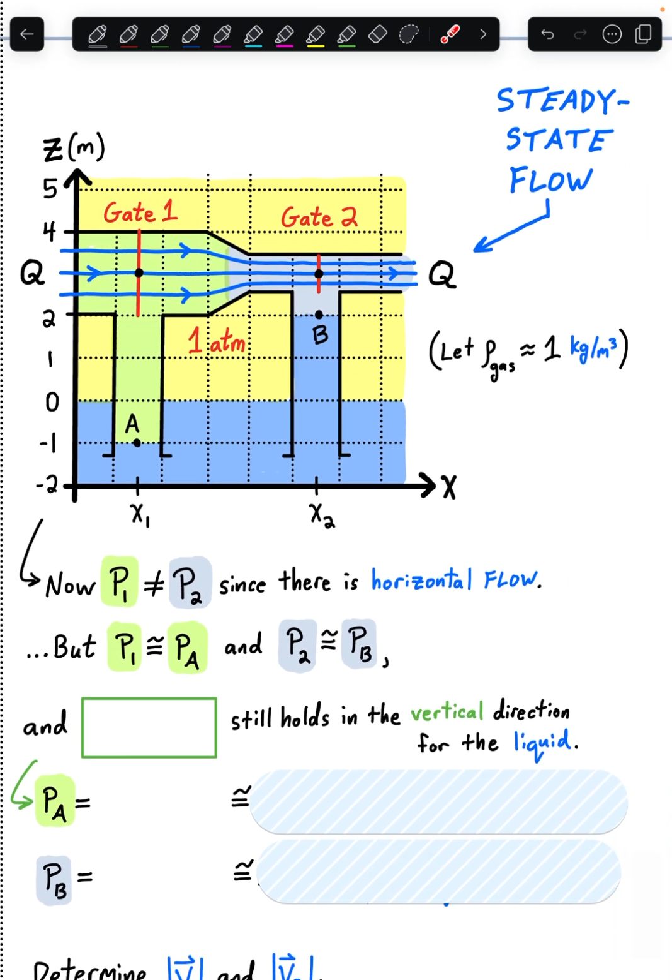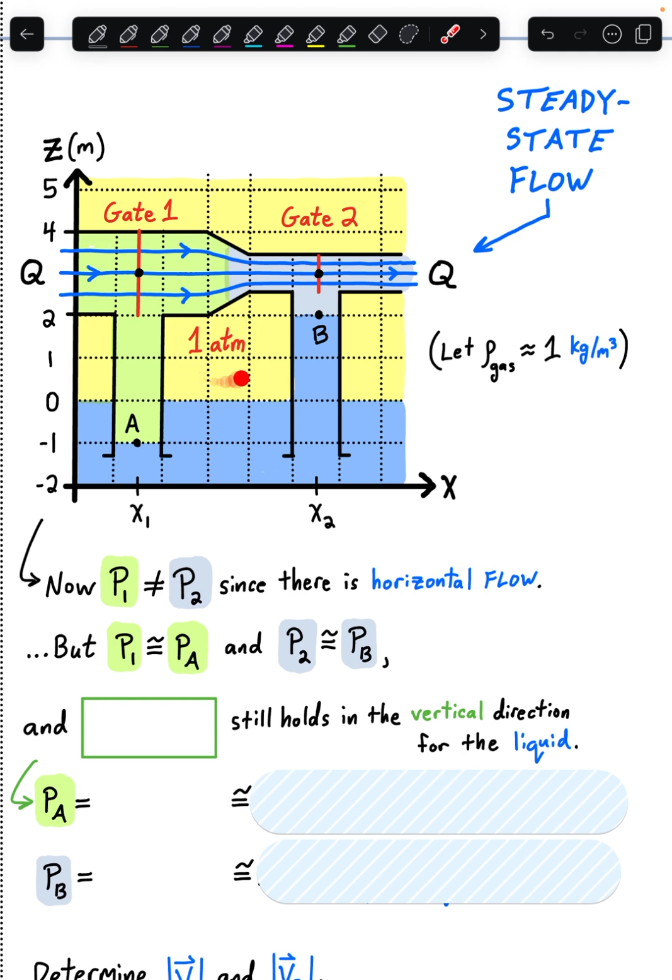So now we've left hydrostatic equilibrium and we are in steady state flow, where we have a flow of gas Q coming in from the left, which will of course match the flow of gas Q going out at the right. I'm showing 3 streamlines of flowing gas this time. And now I've changed the color of the gas a little bit.